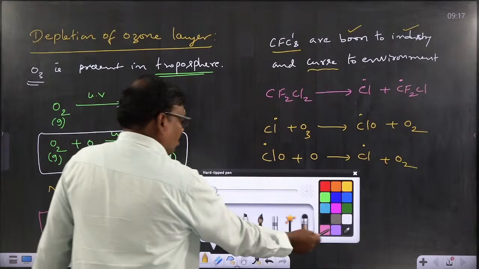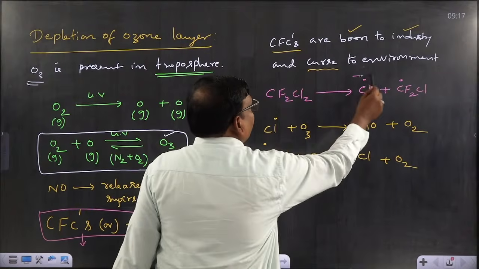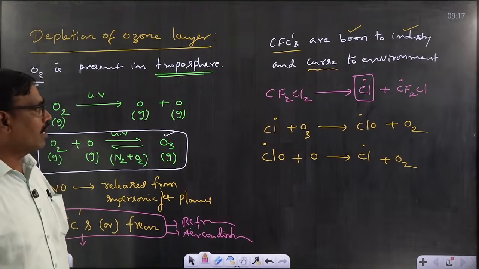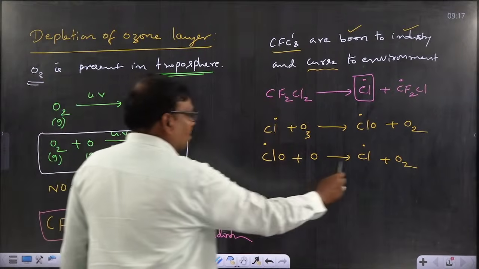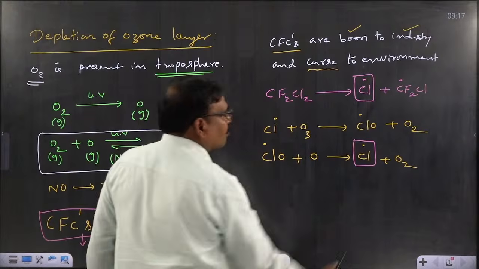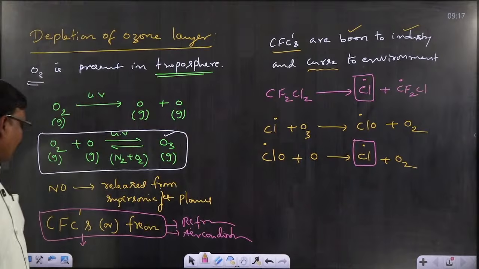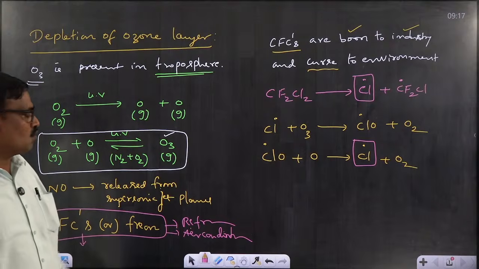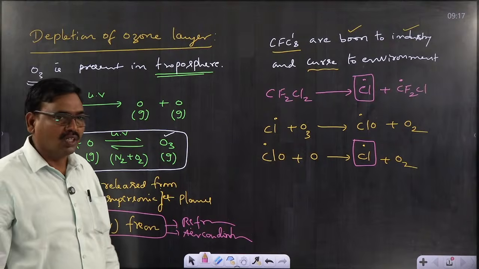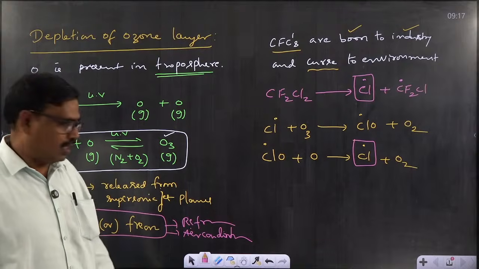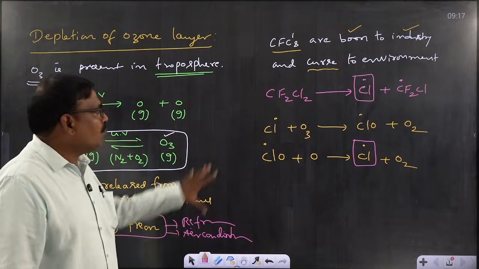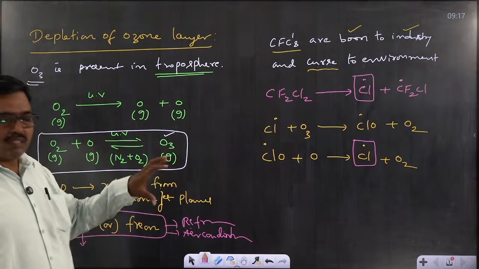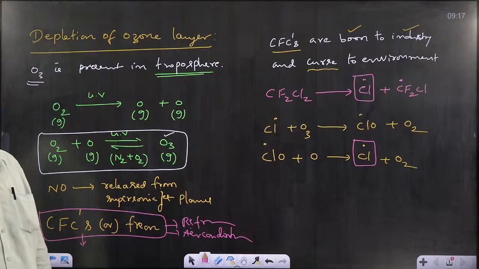So the released chlorine radical will produce many more chlorine radicals. That's why one CFC molecule will deplete almost 1 lakh ozone molecules. In this way a huge amount of ozone molecules will be depleted. That's why ozone holes will be formed.